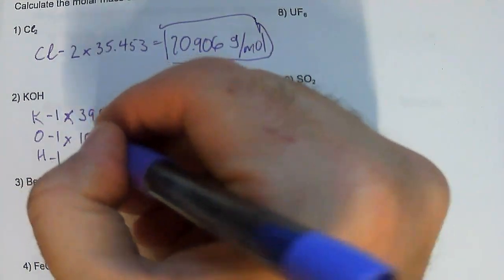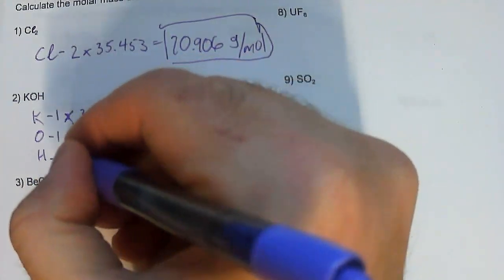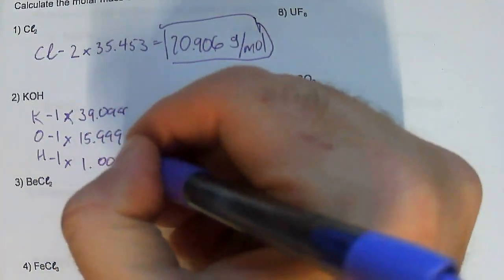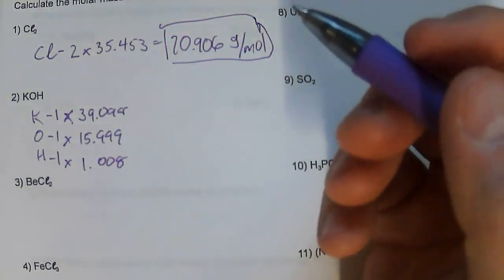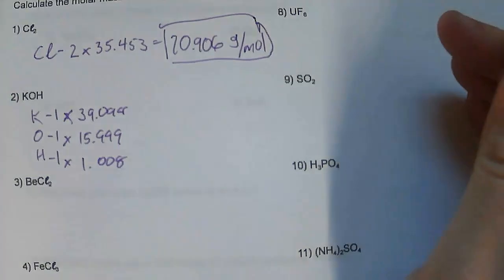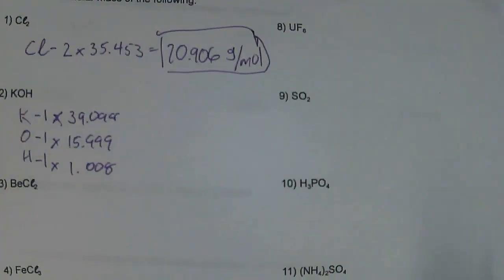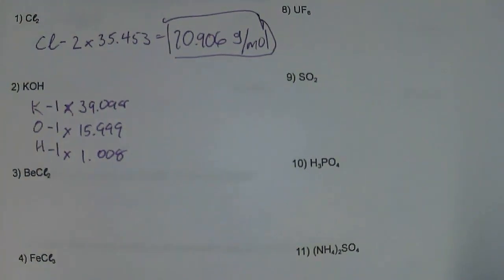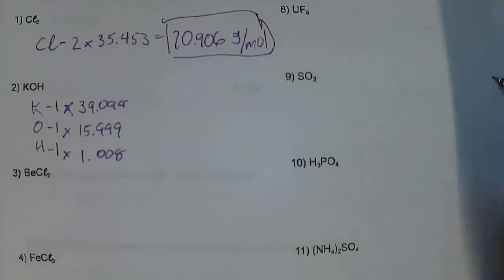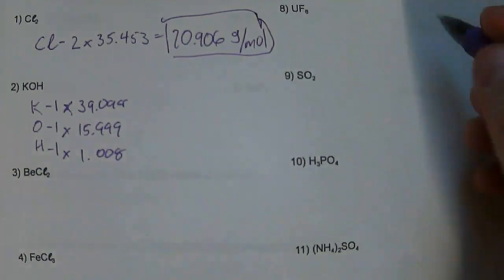Oxygen is 15.999. Hydrogen is 1.008. So here's the thing, we're going to be using oxygen and hydrogen a lot. It's just elements that are used often, so you're probably going to commit that to memory. Carbon is also one that we use often, and maybe chlorine, I don't know.